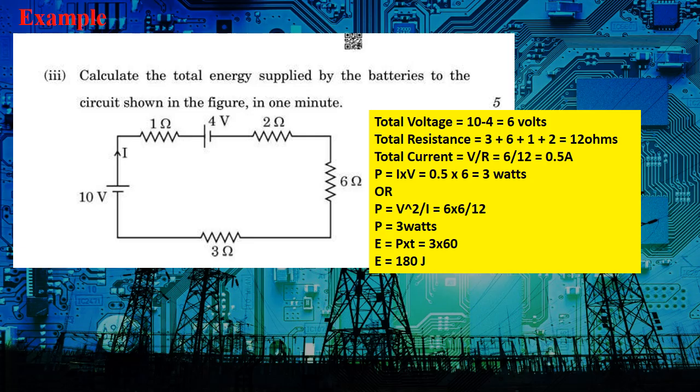That's where we have 60 seconds: 1 minute is 60 seconds, so energy is equal to power times time, 3 times 60 seconds is equal to 180 joules. So 3 watts of power is dissipated across these 4 resistors, and after 1 minute these 4 resistors will consume or use up 180 joules of electrical energy.